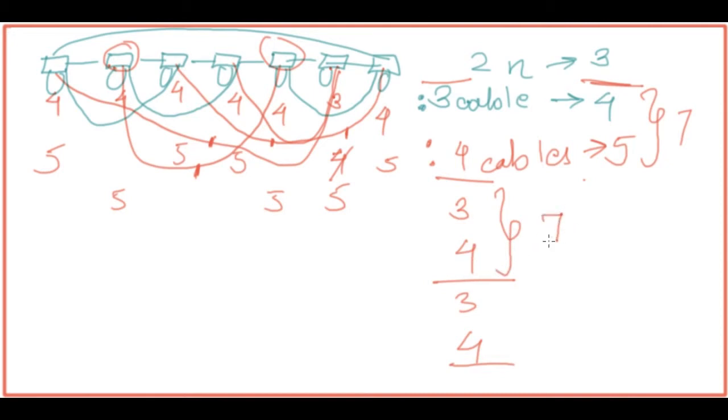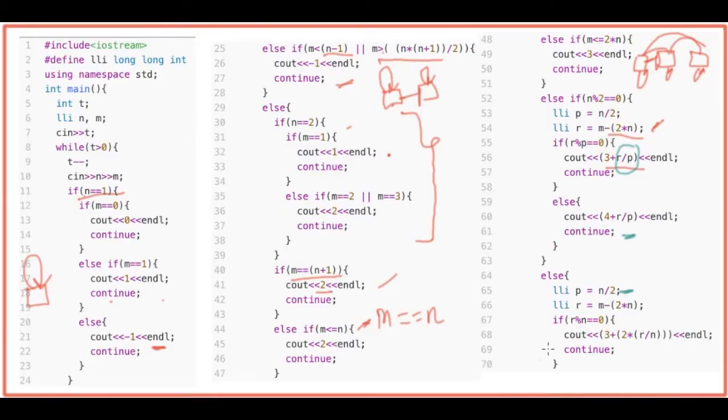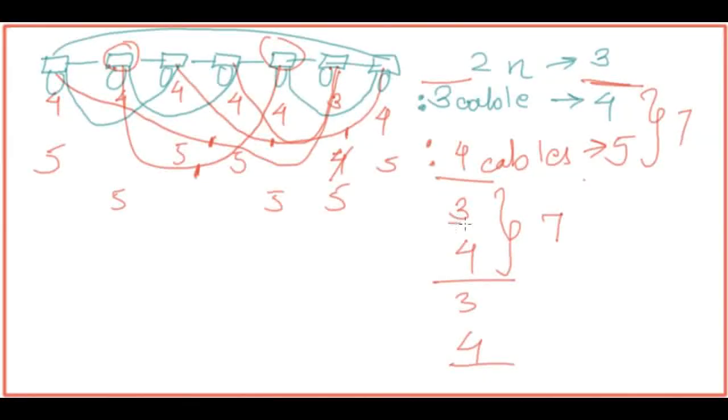Together n. So if it is odd, here I'm doing by 2, and here I'm checking if it is divisible by n, because that is n by 2 and n by 2 plus 1, which is nothing but n only for odd numbers.